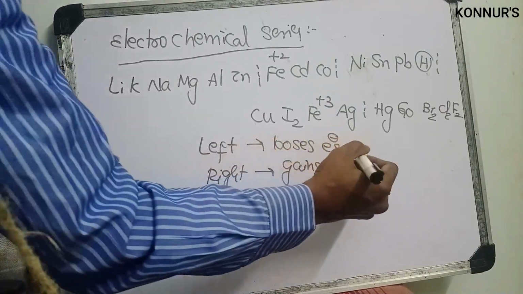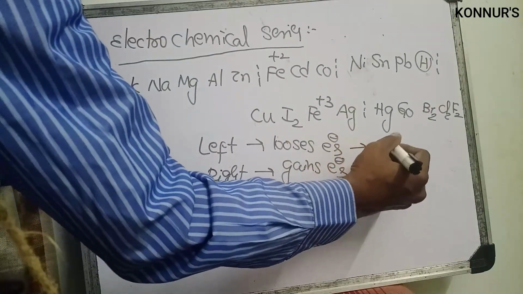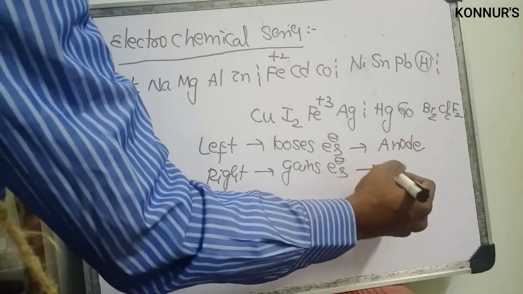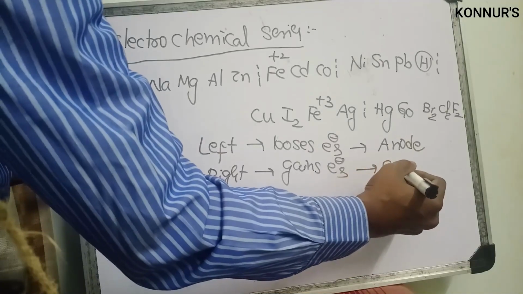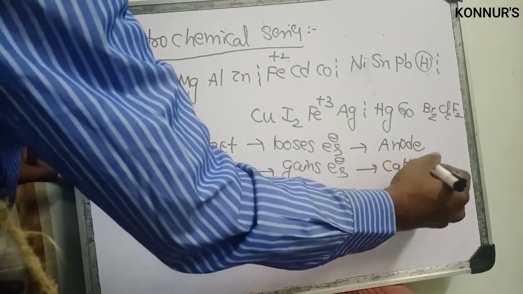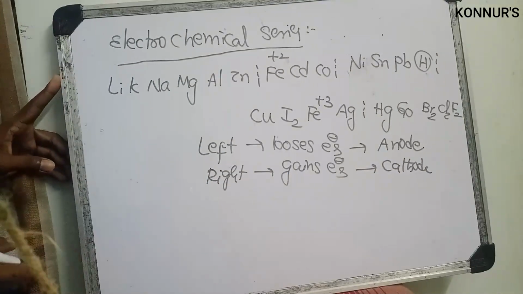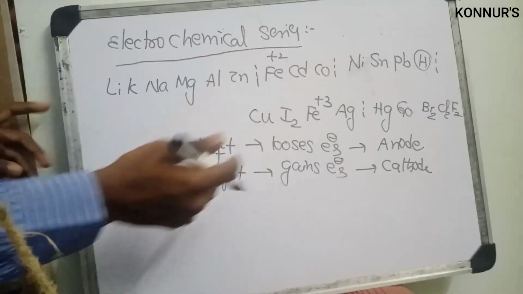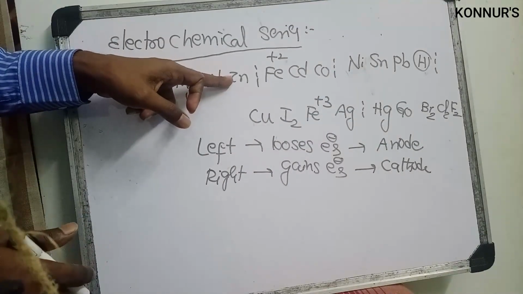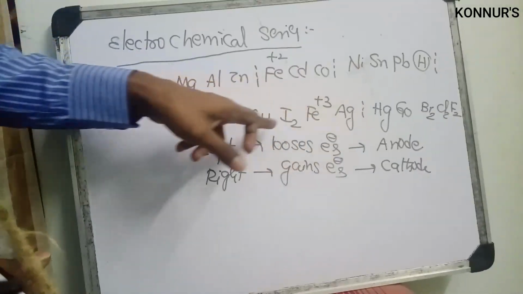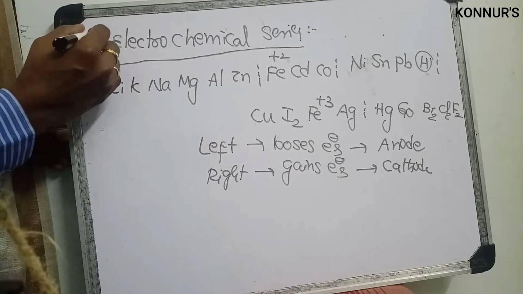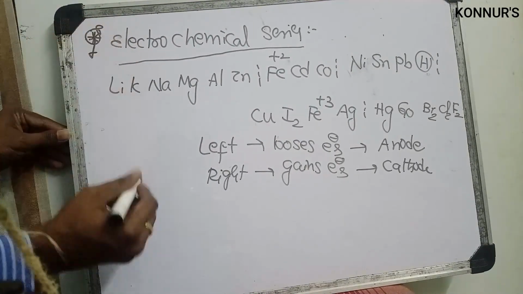So losing electrons acts as the anode, and gaining electrons acts as the cathode. Suppose you take zinc and copper. Zinc, on the left side, acts as the anode. Copper, on the right side, acts as the cathode. So this is one important electrochemical series.